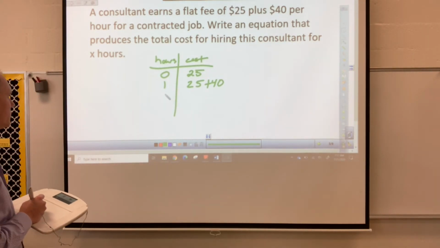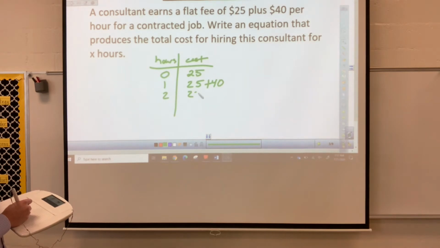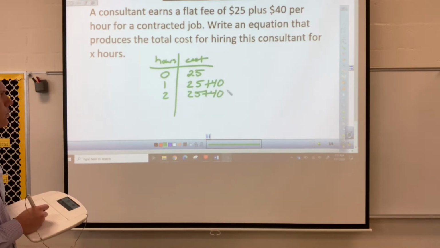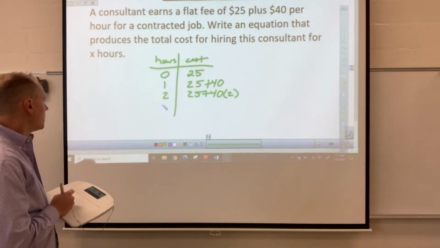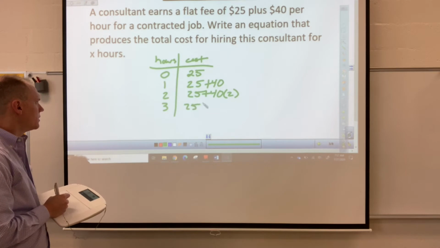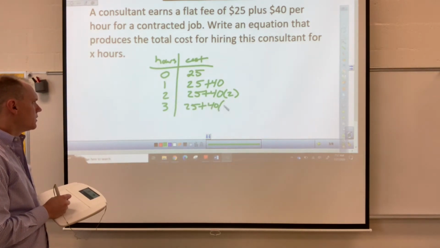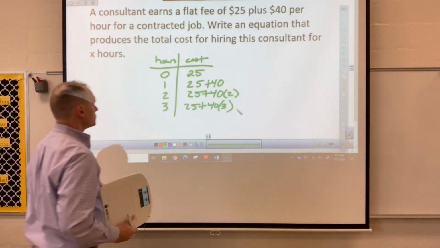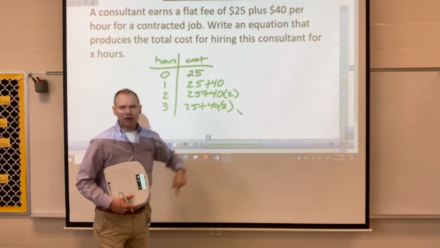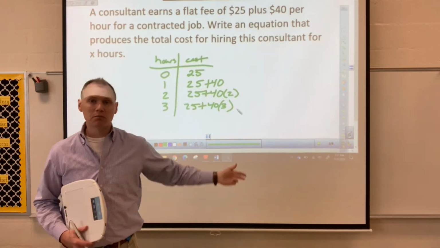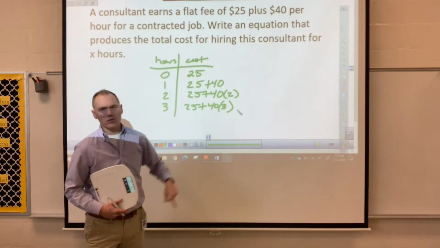And then we can continue on. 2 would be 25 plus 40 times 2, and so on and so forth. The next one would be 40 times 3. So what's happening here is for every increase in hour, we're adding another $40. We're adding another multiple of 40.